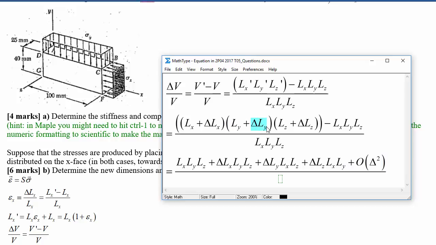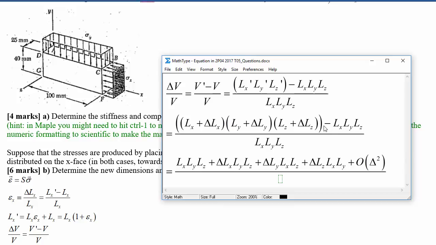So we're going to have like a delta Ly times a delta Lz times an Lx. There's going to be one term which is the 3 deltas multiplied together, and that is included in this. So when you use this big O notation, it's a way to say that we've got other terms in here that are of order this thing or higher, yeah?